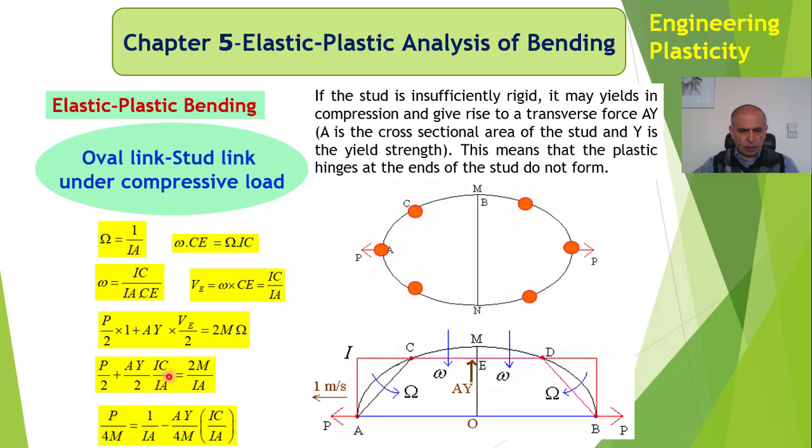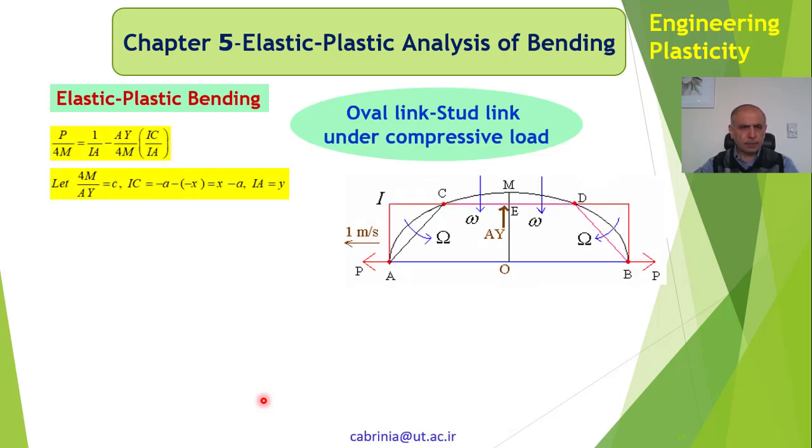And here we get P over 4m is equal to 1 over IA minus AY over 4m times IC over IA. Now 4m divided by AY is a number, because A is the cross-section of the stud, Y is the yield strength, and M is the fully plastic moment. So we know this, and that's just a number.